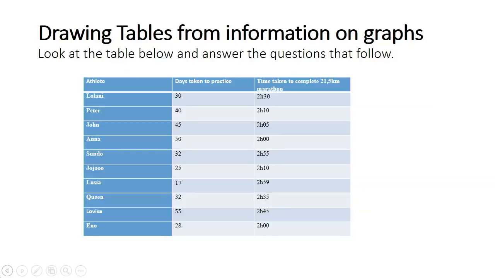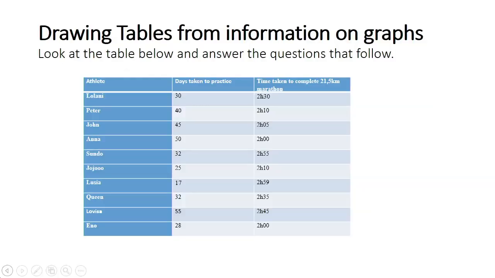Now let's look at the first diagram or table that we have here. Here we have a table that is talking about the number of athletes and the time that they took to complete a marathon. This marathon is 21.5 kilometers, and we have the athletes and the days that they have taken to practice.